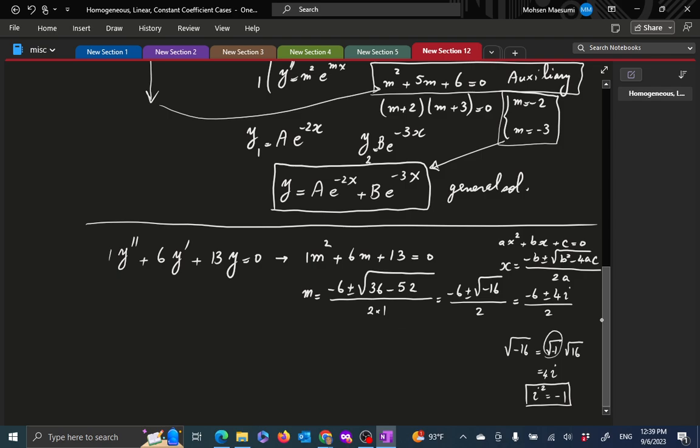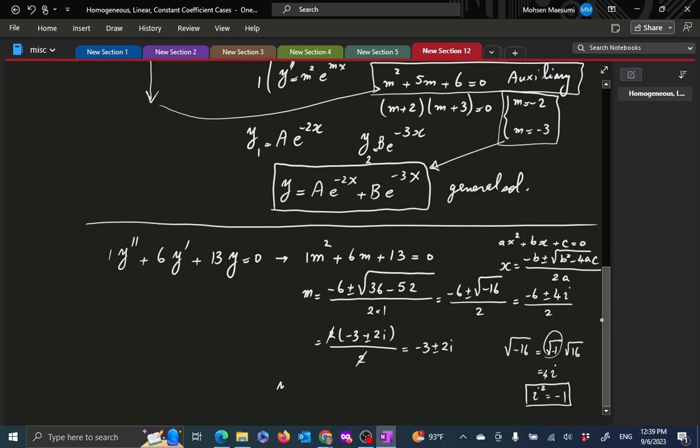Next, it's possible to simplify. Factor first. I have minus 3 plus or minus 2i over 2. After factorization, we cancel, and I get minus 3 plus or minus 2i. So I have two solutions, minus 3 plus 2i and minus 3 minus 2i.